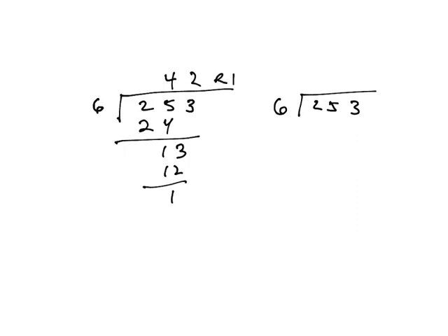Instead of, if you do 6 into 25, you get that 4. But if instead of writing this 24 here and subtracting and bringing down the 3, if this number outside here is small, in this case by small I mean less than 10, you say, well, 6 times 4 is 24. That's just 1 away from 6. So rather than have the 1 all the way down here and bringing the 3 to it, you could also put the 1 right there.